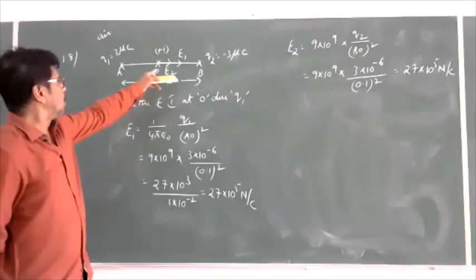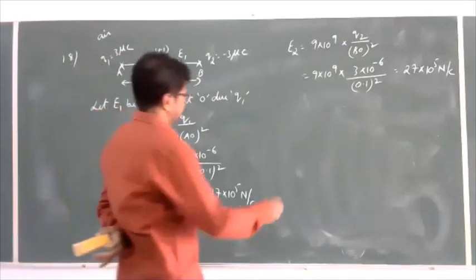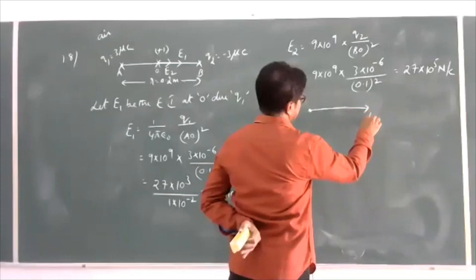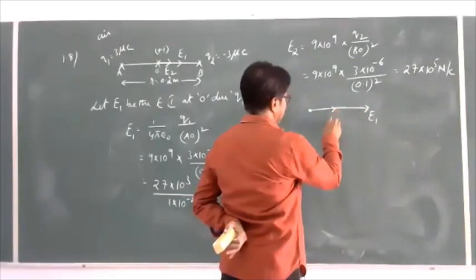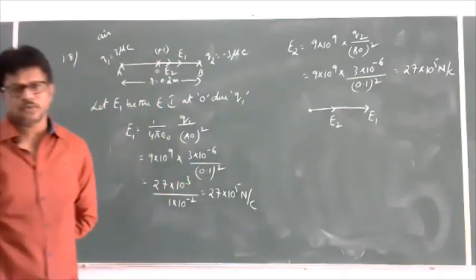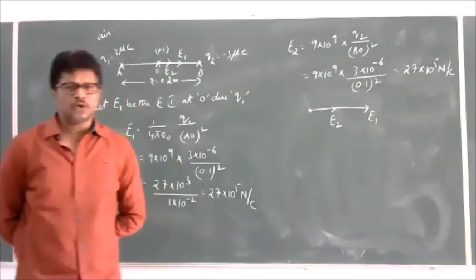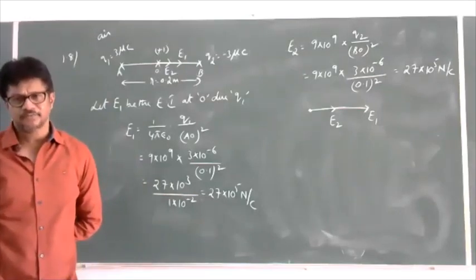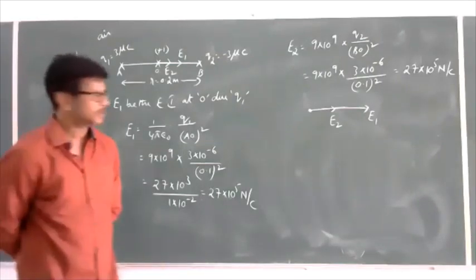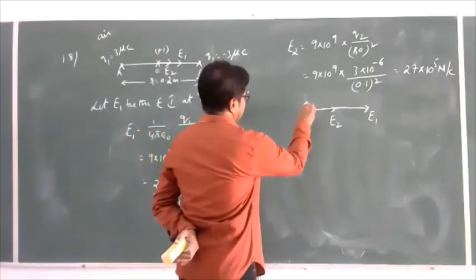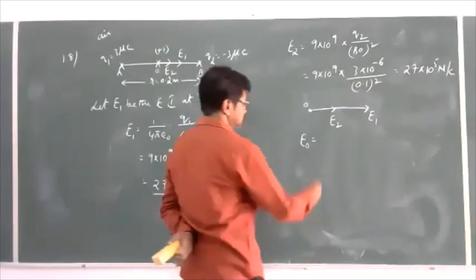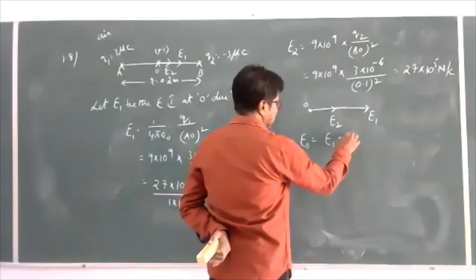Now at O, how many electric intensities are acting? At O, two electric intensities are acting, E1 and E2. Moreover, those two are acting in the same direction. Then what will be the net electric intensity? EO is equal to the sum of those two because of the same direction.